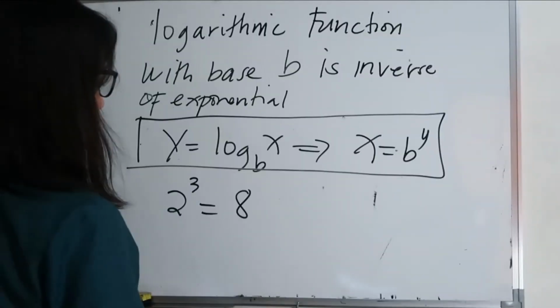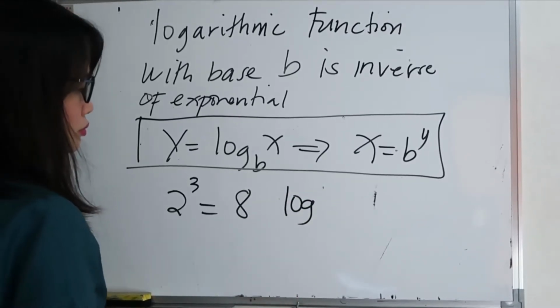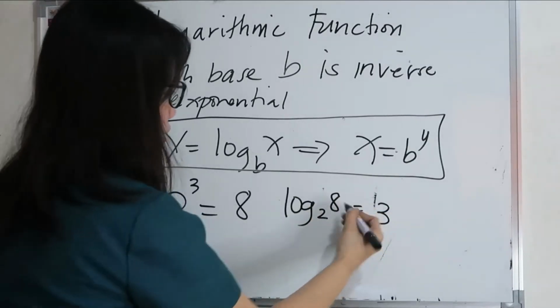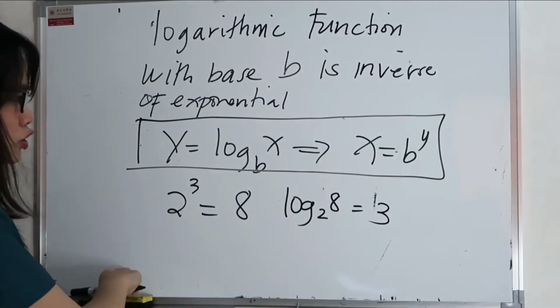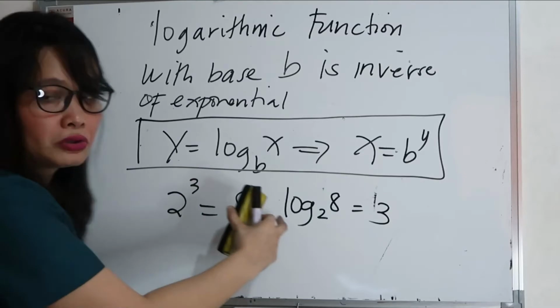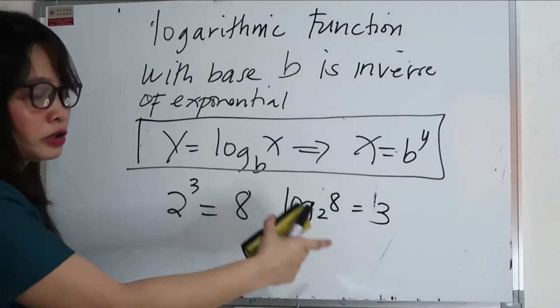How do we write that in logarithmic form? Try to take note of this. It will be log 8 with a base 2 equals 3. So that's how we convert an exponential function to a logarithmic function.